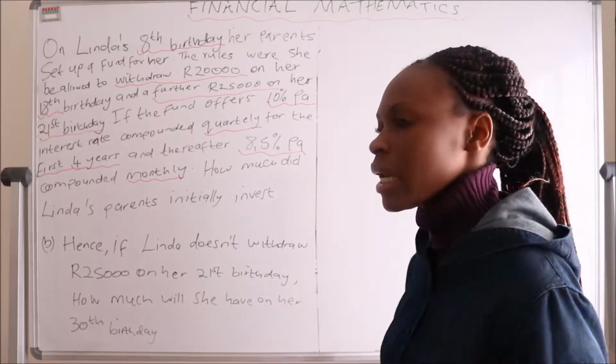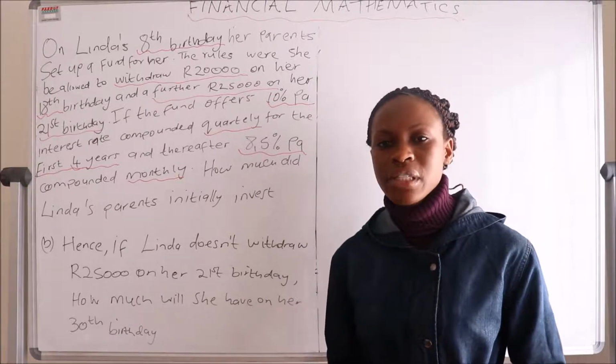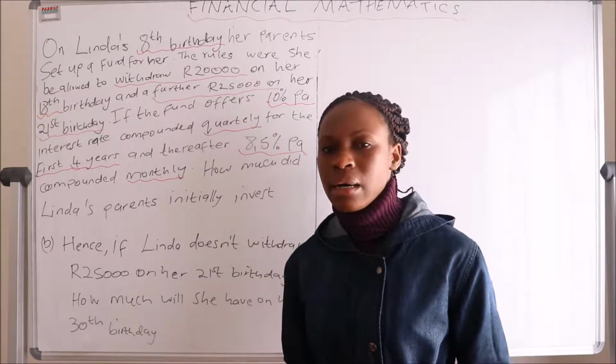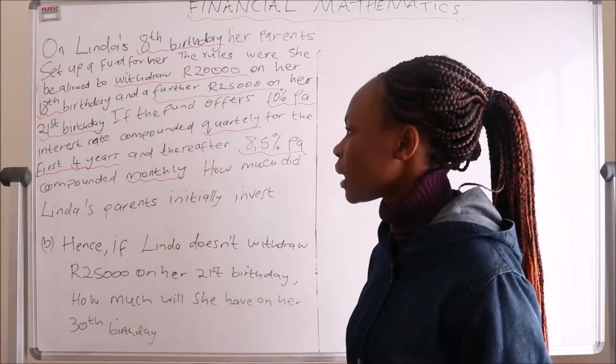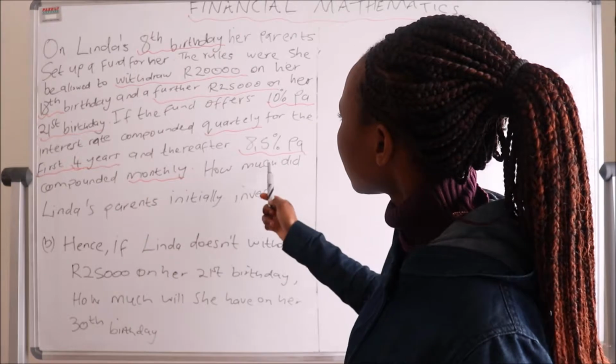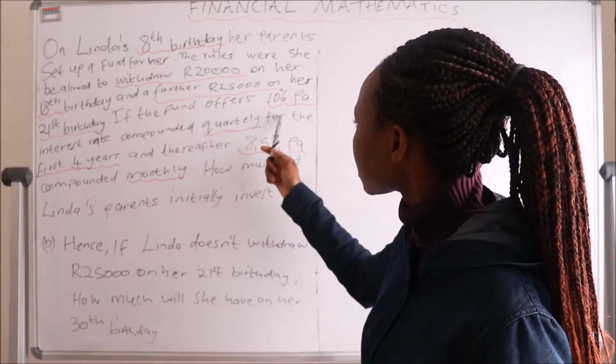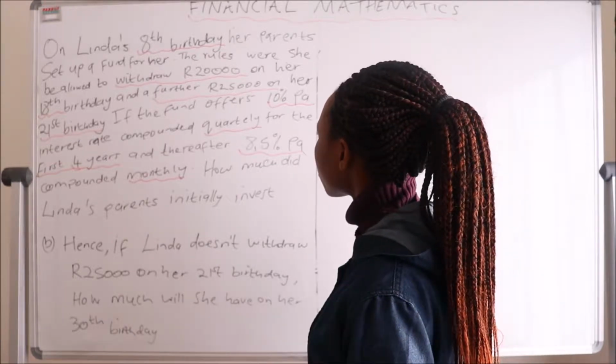That means the interest rate was not fixed for the entire lifespan of the account, but changed after 4 years, and it was in fact less compared to the original interest rate of 10%.